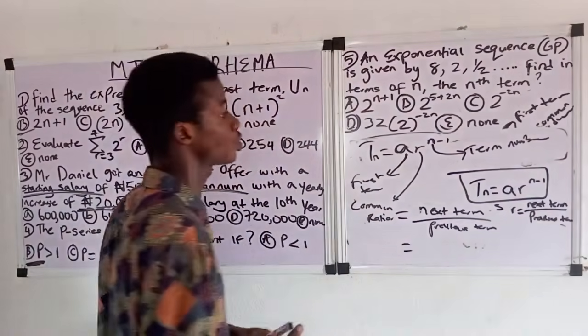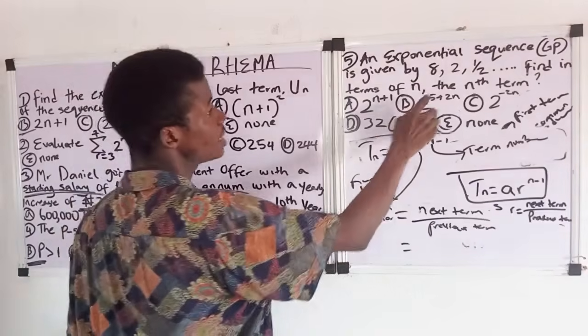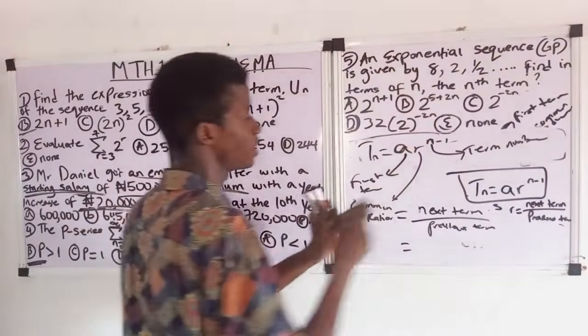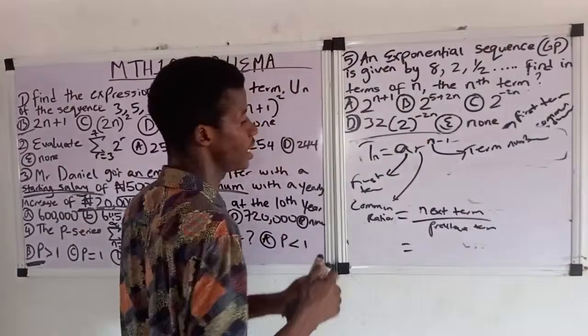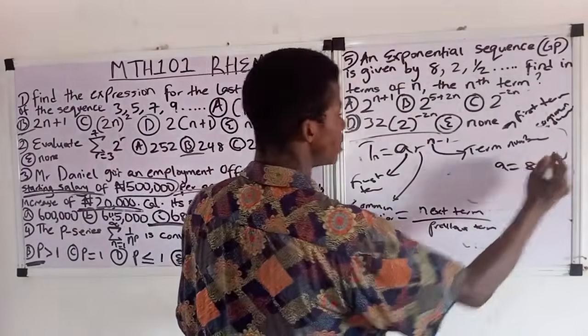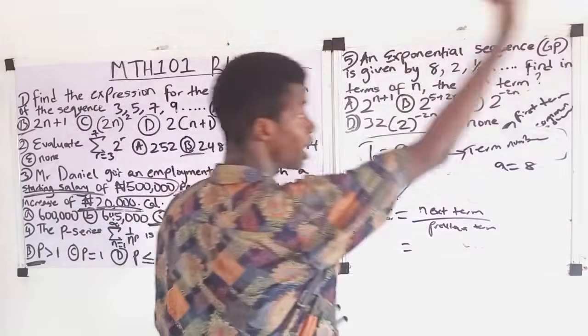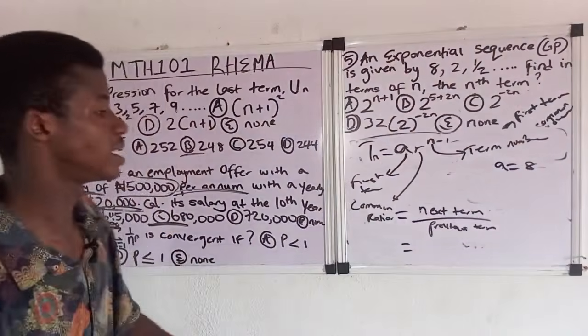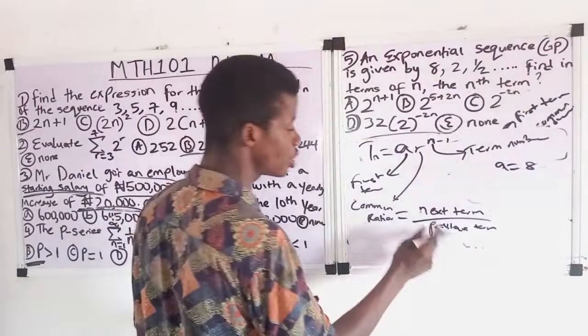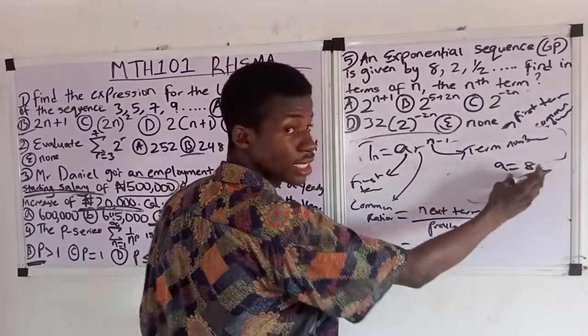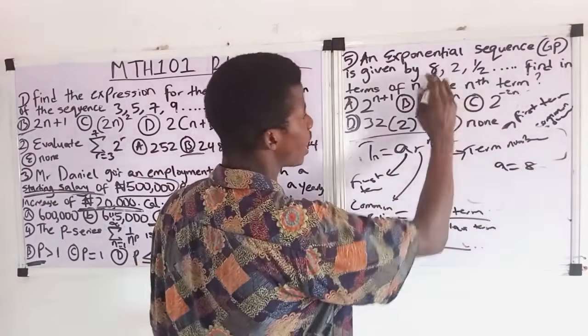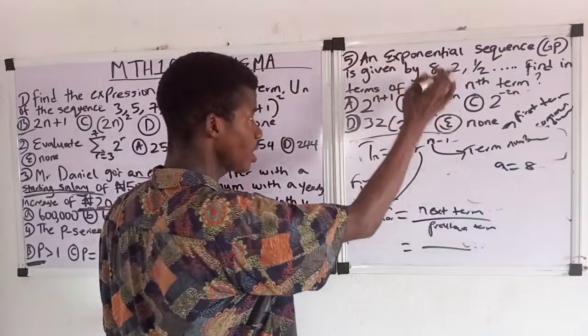The first term A is 8. The second term is 2. The other term is half. Now let's look at the common ratio with respect to 8 and 2. Now 8 is what?